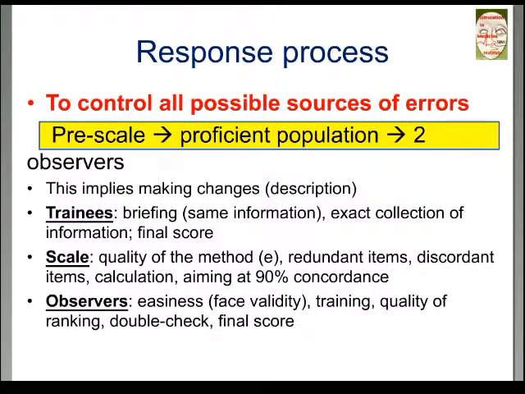Then you may modify the items of the scale because of redundancy, too much complexity, lack in accuracy, etc., or the way you conducted the briefing of the fake trainees and/or the ranking system you established. These modifications must be carried out by a step-by-step approach, aiming for at least 80% concordance between 2 blinded observers.